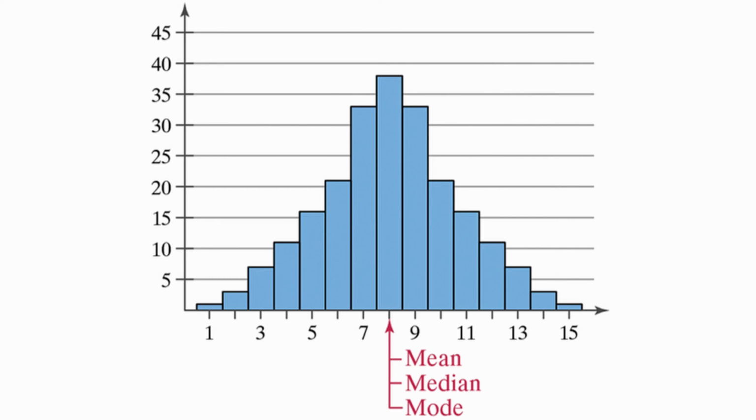The picture in particular here is a specific example of a symmetric distribution that's called a bell curve, and that's a really important curve that we'll talk about a lot more starting in chapter 5. But just important to know here, this is a pattern called symmetric.